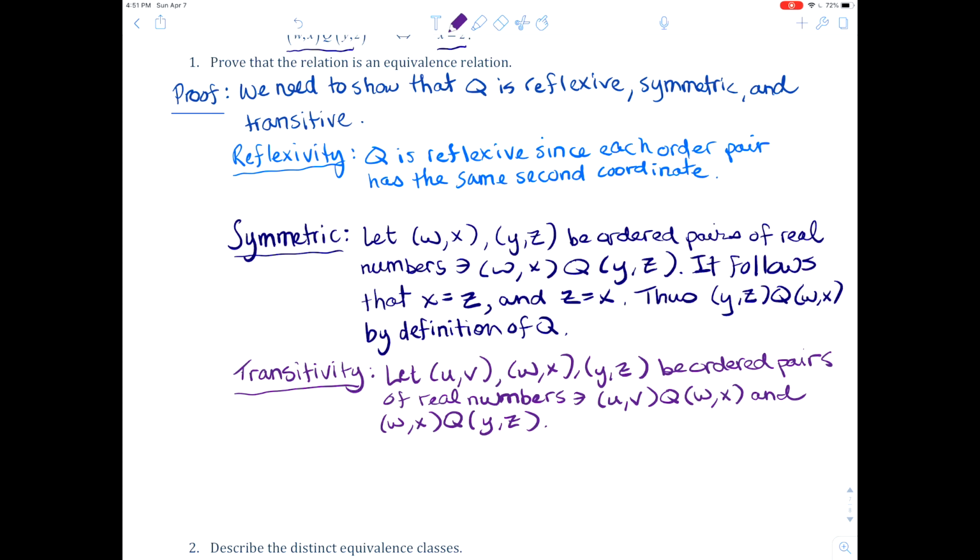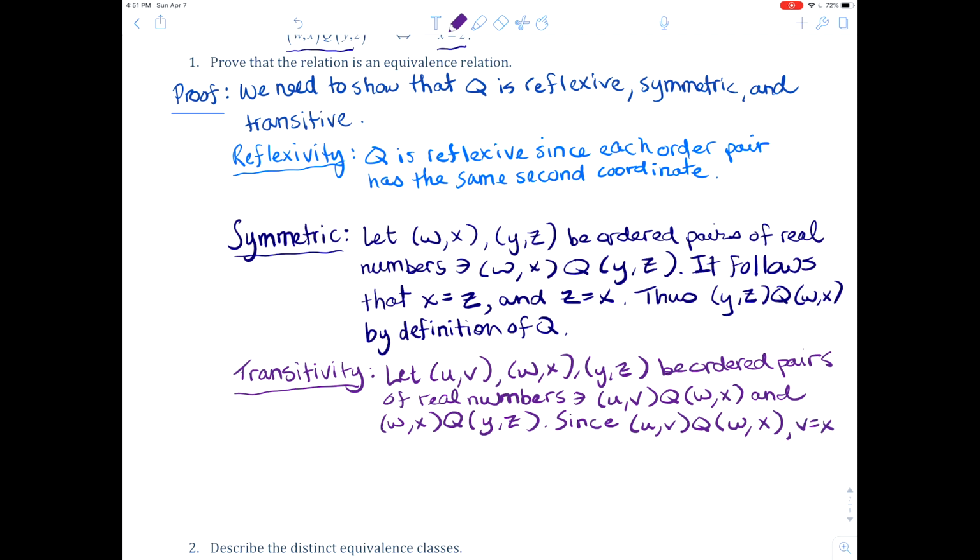All right, so since (u, v) Q (w, x), what do we know? That means v equals x.